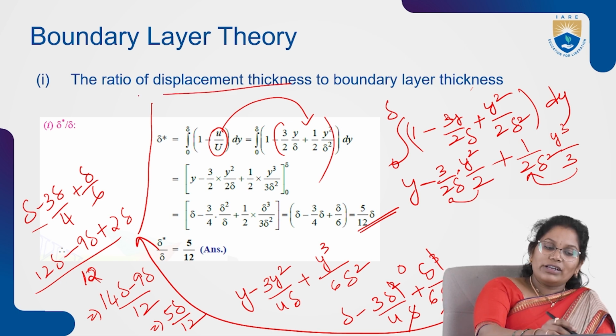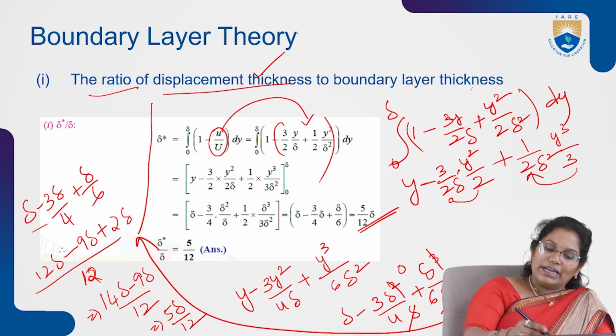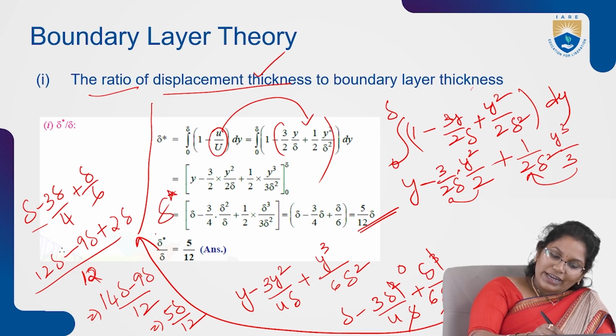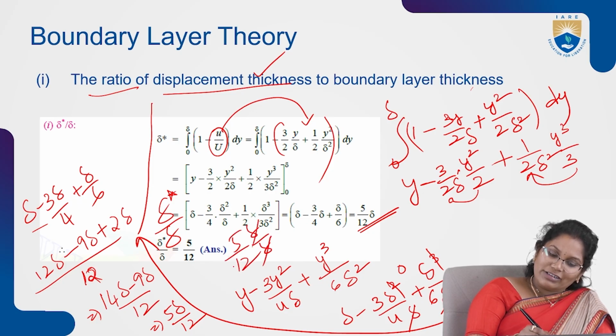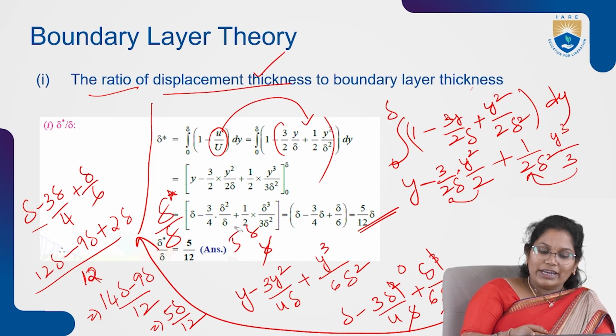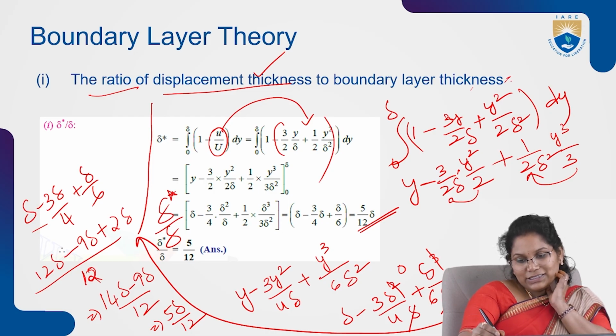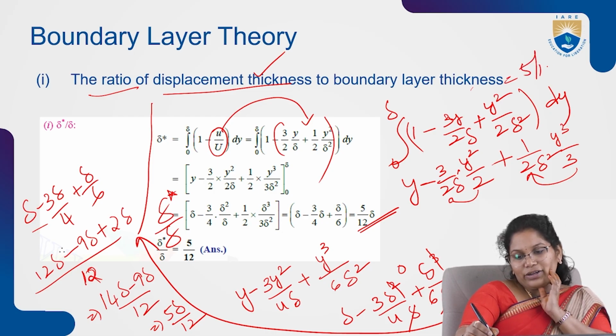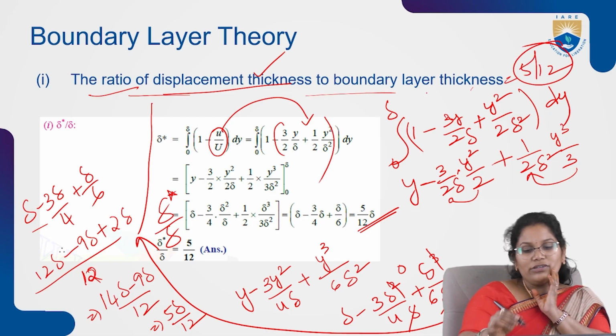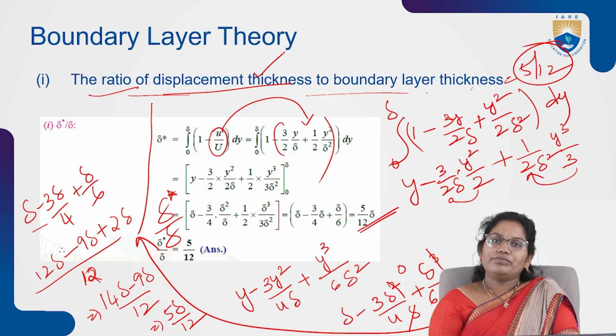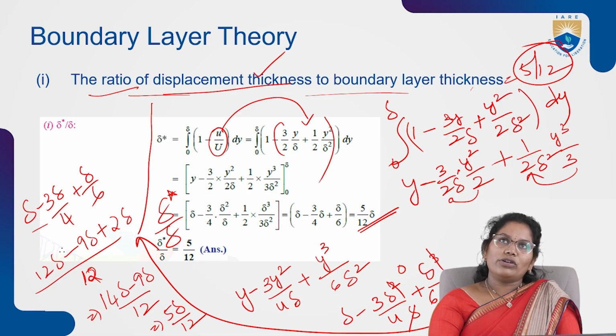Now we have to calculate the ratio of delta star by delta. So here 5 by 12 delta by delta, so delta will get cancelled. So you will get the ratio as 5 by 12 for the equation. Right? This is what you get.